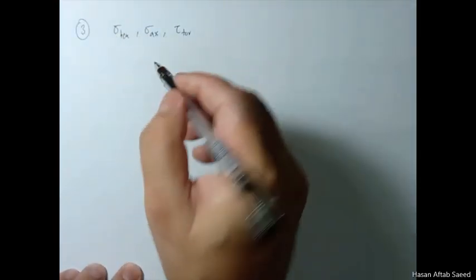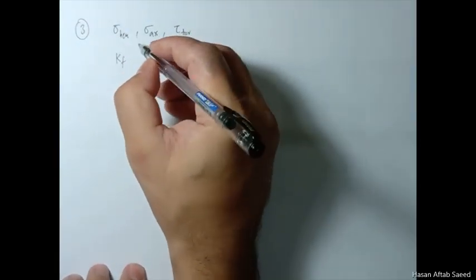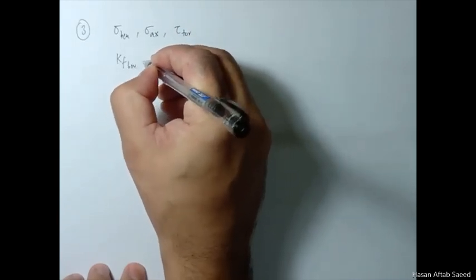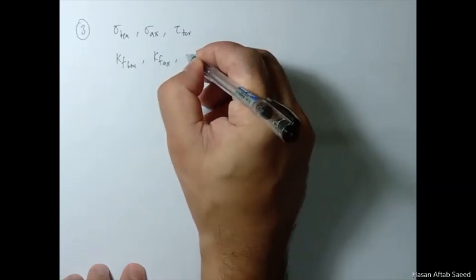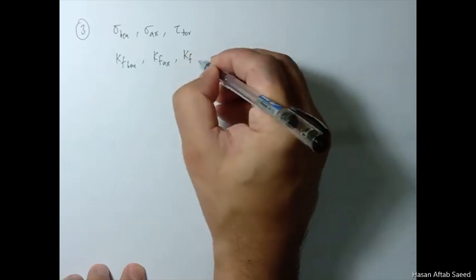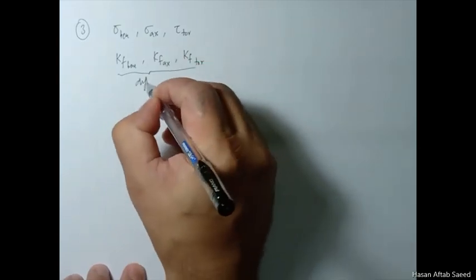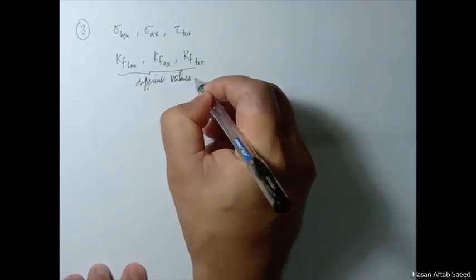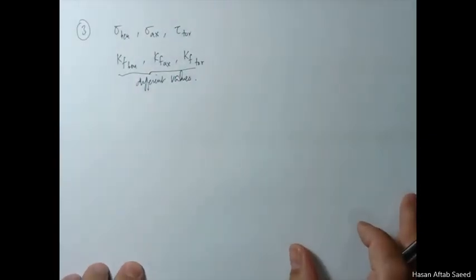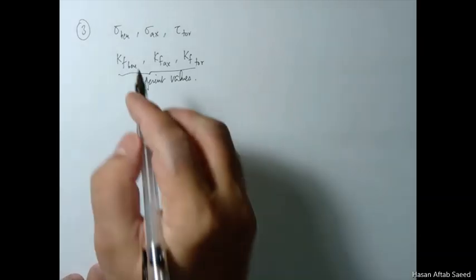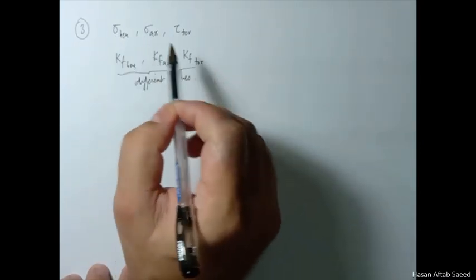Now for all of these, even for the same geometry, you will also have a fatigue stress concentration factor for bending, a fatigue stress concentration factor for axial loading, and a fatigue stress concentration factor for torsion. Even for the same geometry, you will have different values, because these values are different for the different kinds of loading. Obviously geometry plays a part, but even if you have the same geometry and different kinds of loading, then your factors will be different.